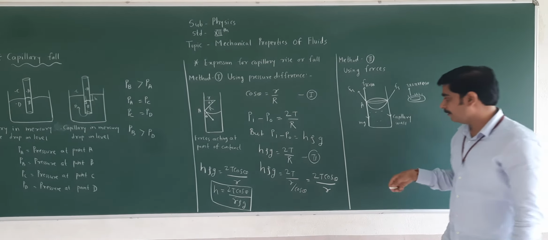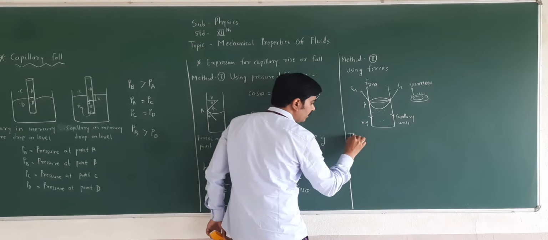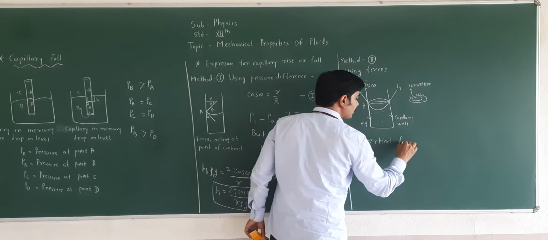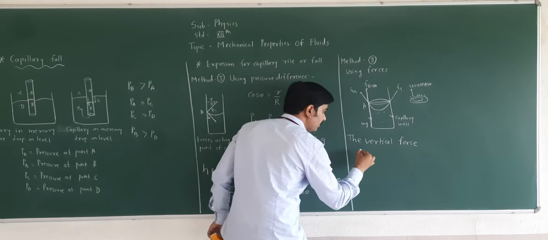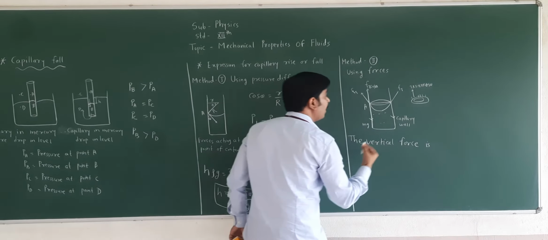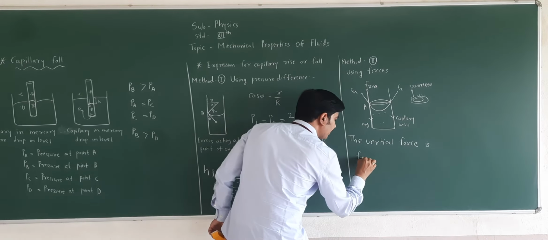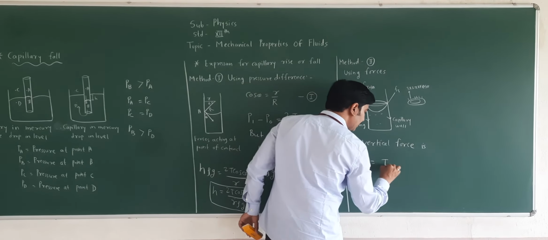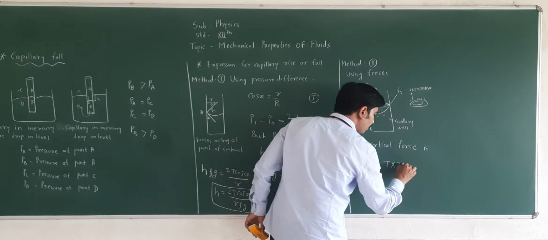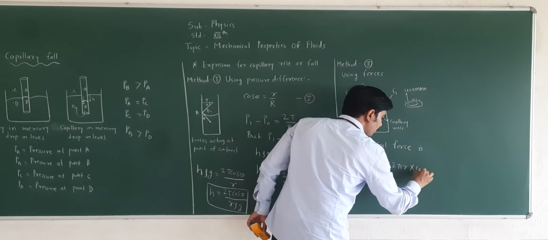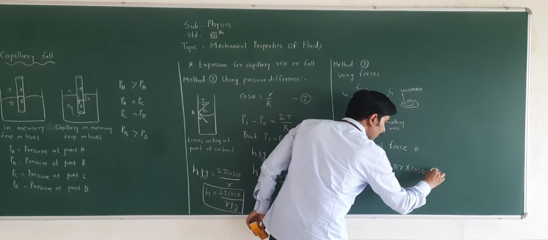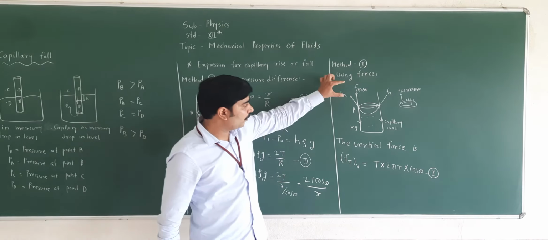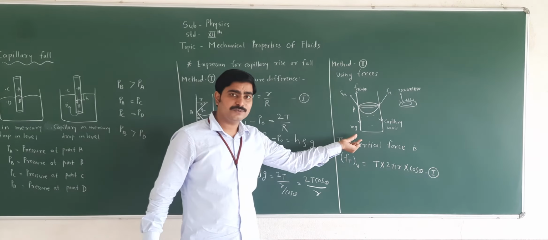So I am going to write here: the vertical force Ft. It has the value T into 2 pi r into cos theta, equation number 1. Okay, so this is the vertical force. Now this vertical force will get balanced with the weight mg.